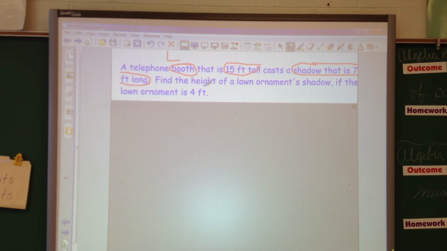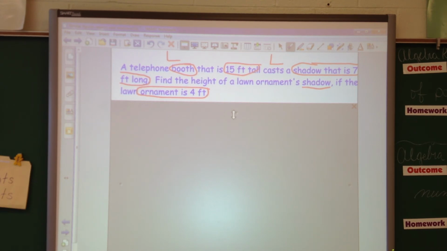I need to find the length of a lawn ornament's shadow, if the lawn ornament is 4 feet. I'm assuming that it's straight up and down, and then its shadow. So I have two similar shapes, they're just different lengths.